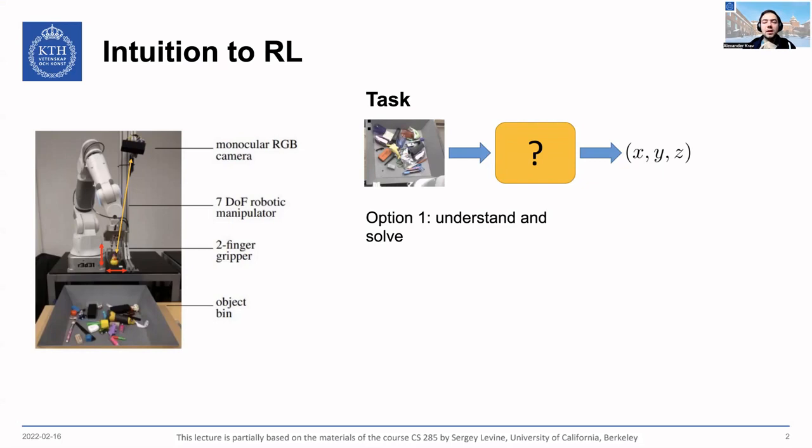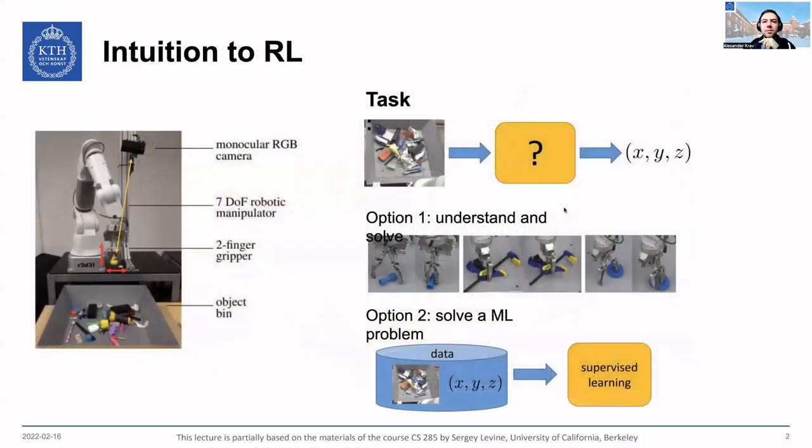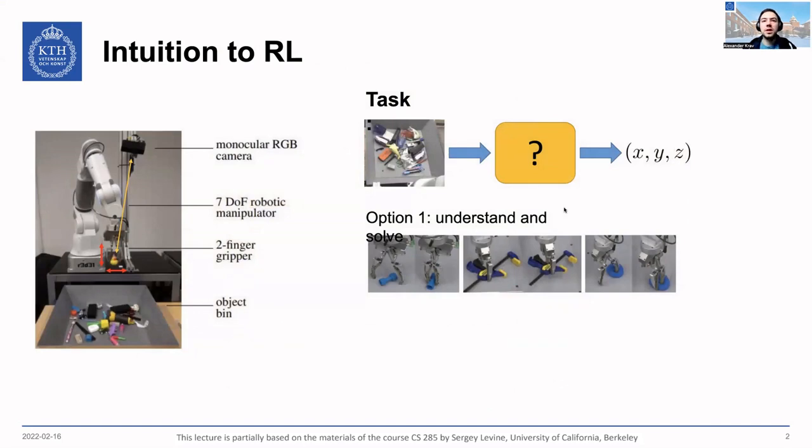And there is an inherent problem with that. Basically, the problem is that writing the exact algorithm for every possible situation is usually not possible, because during the exploration of the task, when you're going to use the robot to pick up the objects, you will definitely find some situations where your algorithm doesn't work.